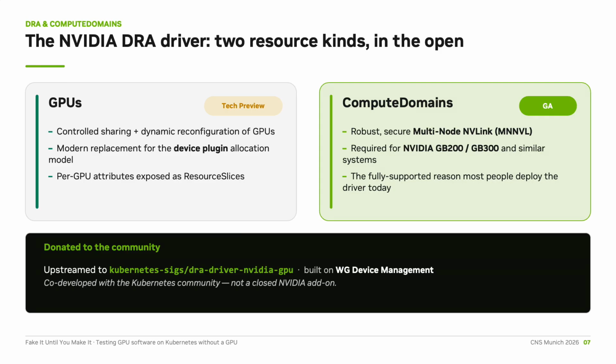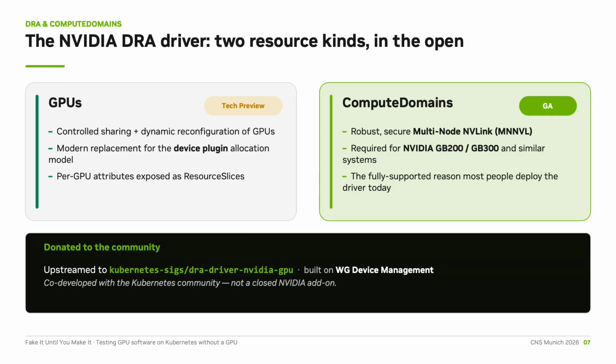For the NVIDIA case, the NVIDIA DRA driver has two resources that it is exposing: GPUs, that is still on tech preview, and compute domains. Compute domains, that is what we have in GA right now, is a way for you to consume GB200 NVLink, right?